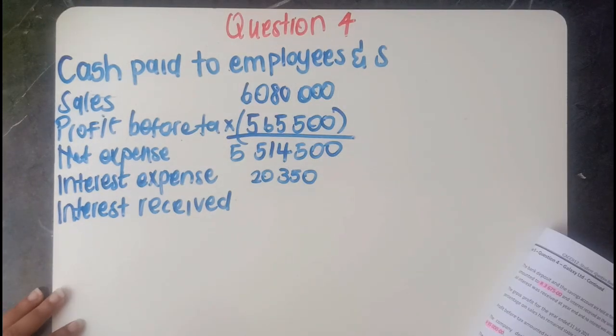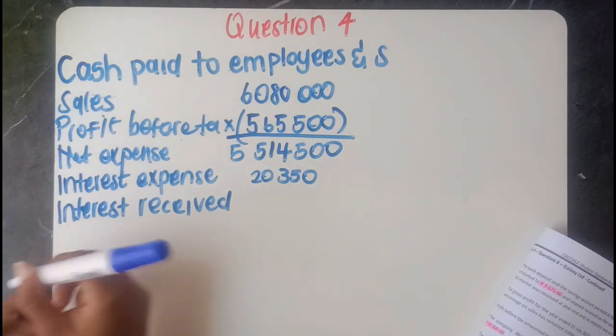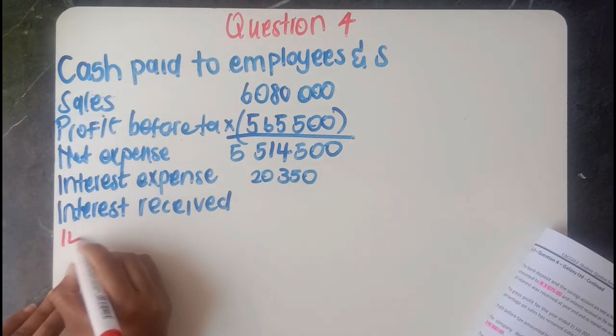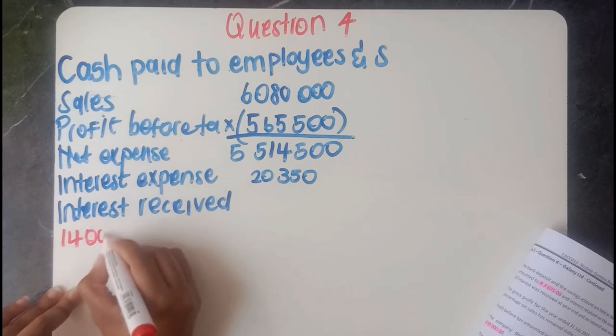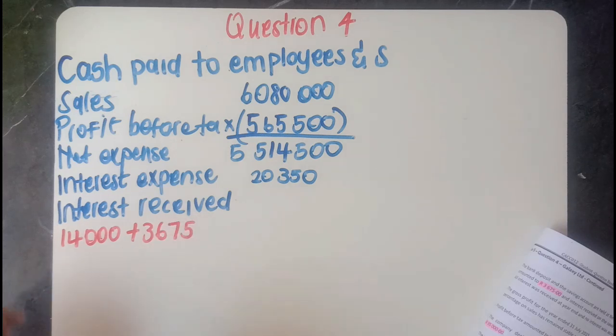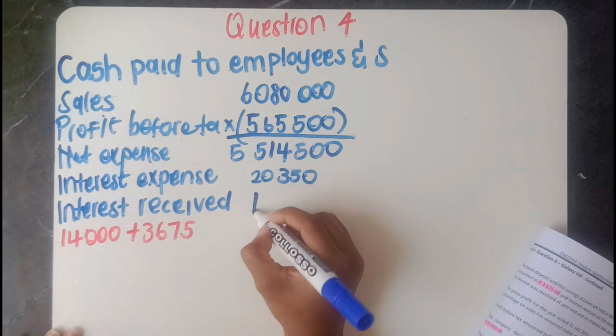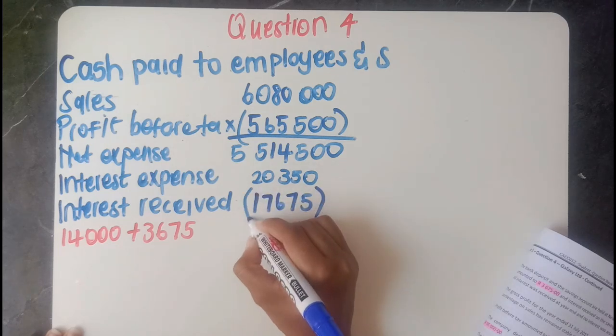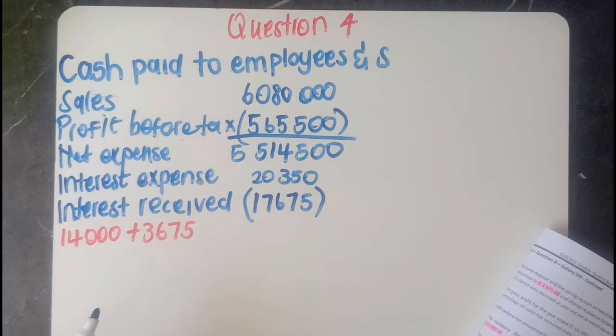So you're going to add the 14,000. Let me use a different marker. So you're going to have 14,000 plus 3675, and that should give you 17,675. We're putting it in brackets because we're dealing with an income.